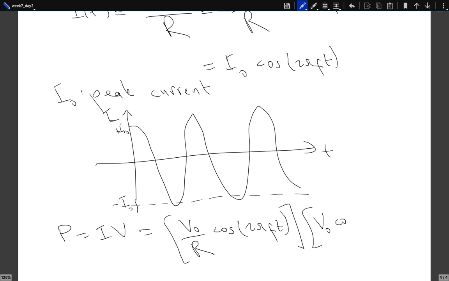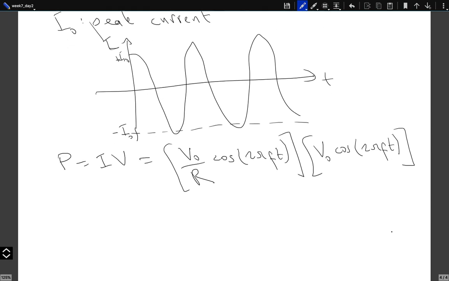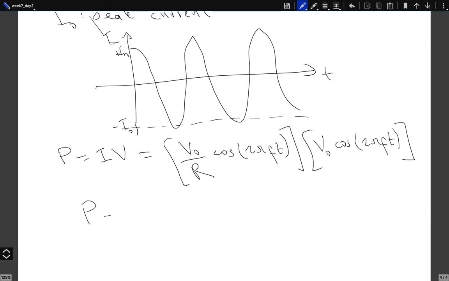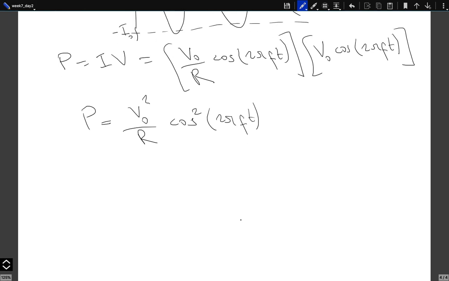Well, I is V0 over R times cosine 2 pi ft. V is V0 times cosine 2 pi ft. So the power is also changing with time.